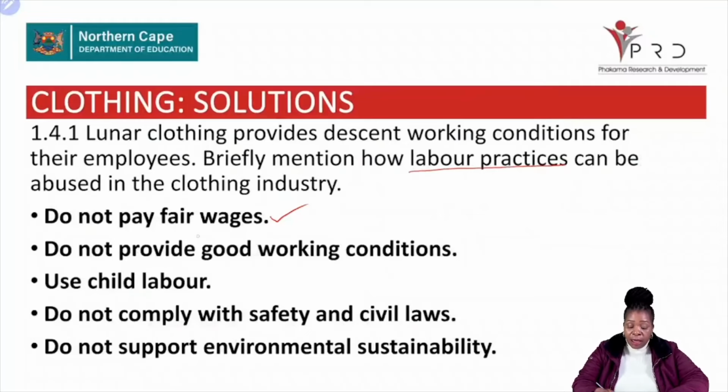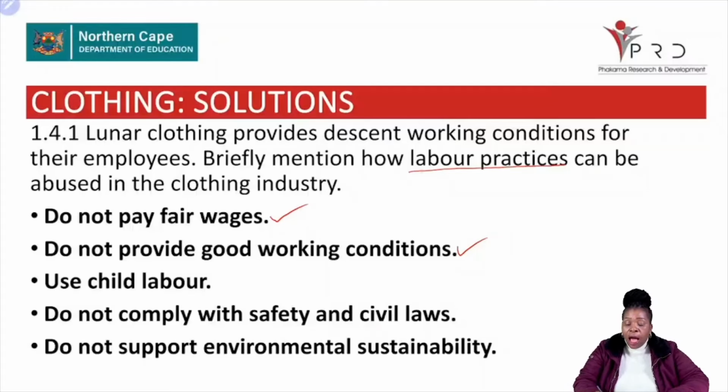Sometimes they do not provide good working conditions. Let's say the area where they are working is not clean, there are no ablution facilities or toilets in that area, and there is no running water for the workers. That means the conditions are not good working conditions.